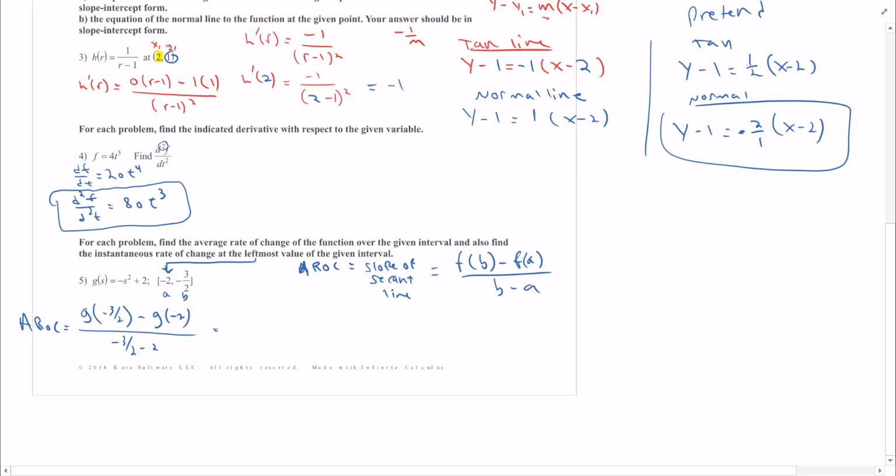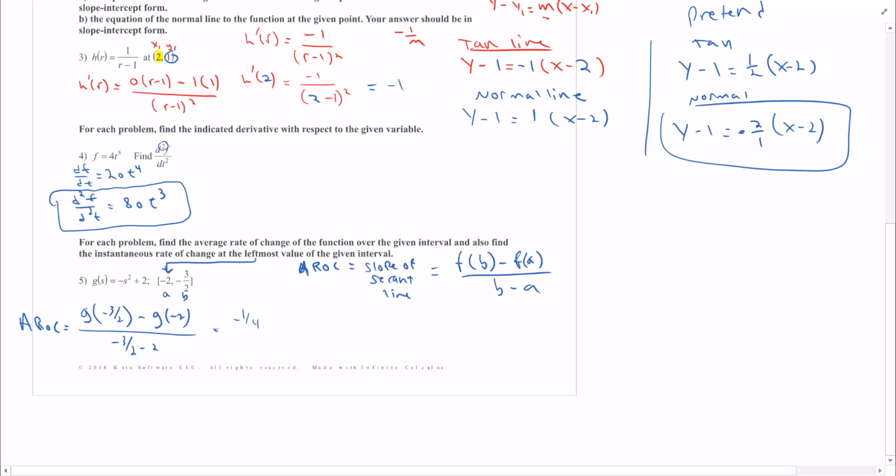And g of negative 3/2, so you plug in negative 3/2, you're going to get negative 9/4 plus 2, which 2 is 8/4. So that's going to be negative 1/4. Right, so g of negative 3/2 is negative 1/4.